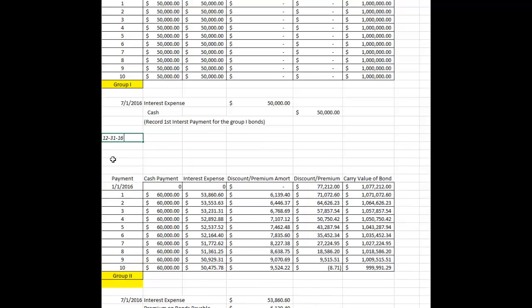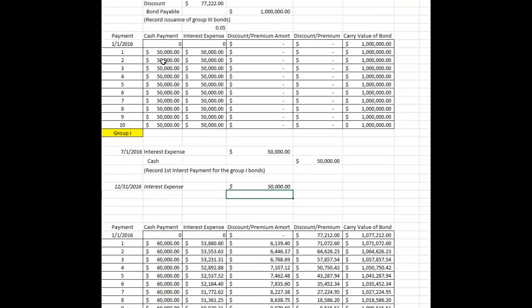Remember, we are not going to pay cash here, but we do need to get interest expense into the income statement. And it's for 6 months: July, August, September, October, November, December. I'm counting on my fingers here. That's 6 months, so another 50 grand, because the next payment means $50,000 more of interest expense.